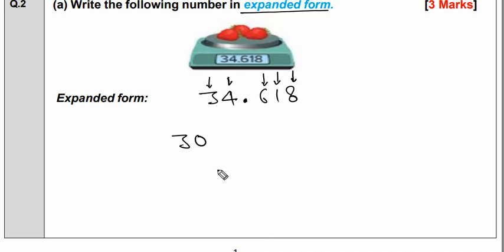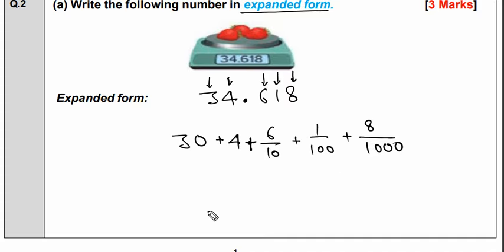You should know that. So this is tens place, so 30, ones, 4, point. Now this is tenths place, so 6 divided by 10. Hundredths place, 1 divided by 100, and this is thousandths place, so 8 divided by 1000.